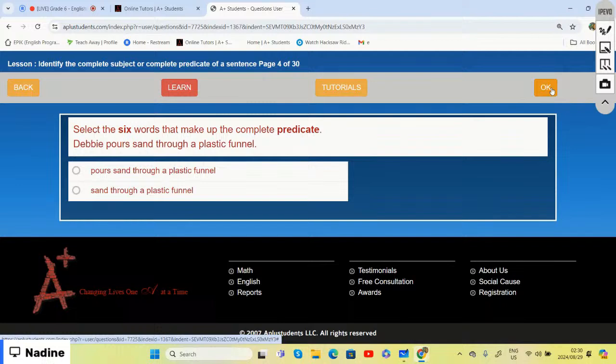All right, the next one says select six words that make up the complete predicate. It says Debbie pours sand through a plastic funnel. Is it option one, which is pours sand through a plastic funnel, or option two, sand through a plastic funnel? Which one is correct?